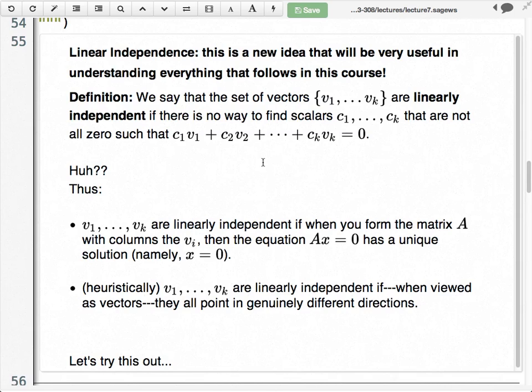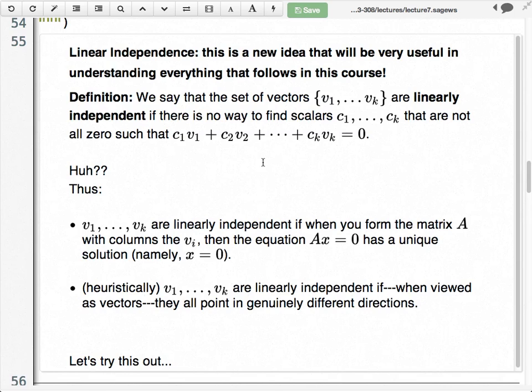All right, let's do another one. If I take v1 equal to 1, 2, and v2 equal to 2, 4, is the set consisting of those two vectors linearly independent? A lot of people say no. Why? Exactly. You're perfectly right, minus 2 times v1 plus v2 equals 0.